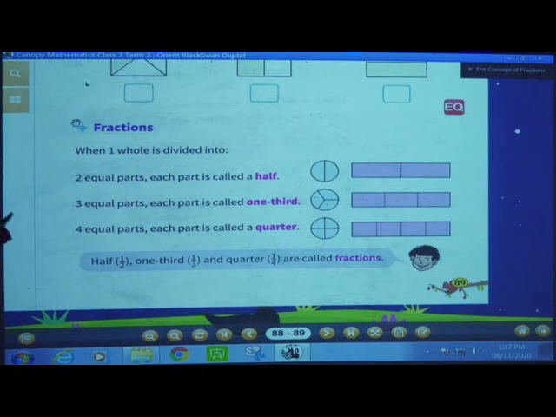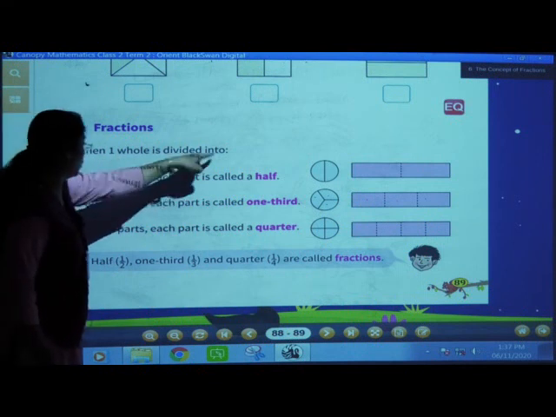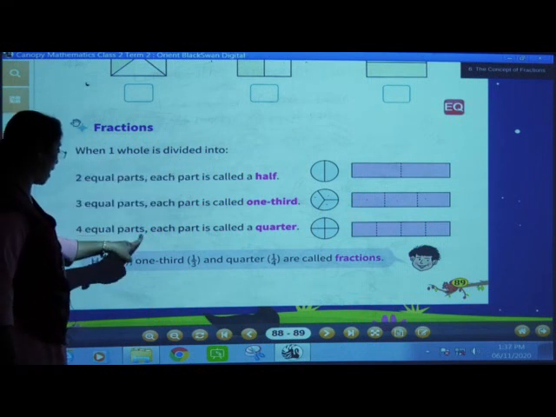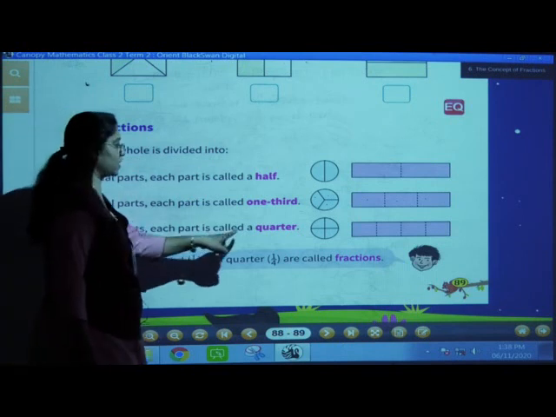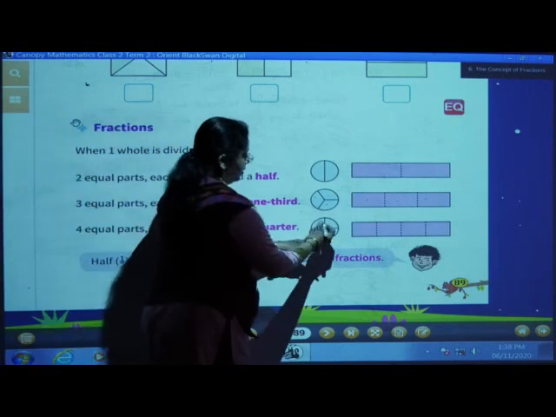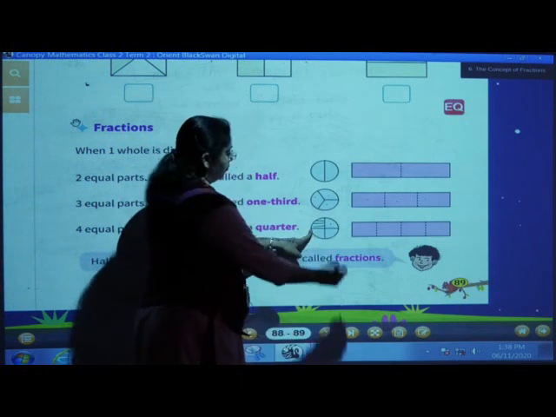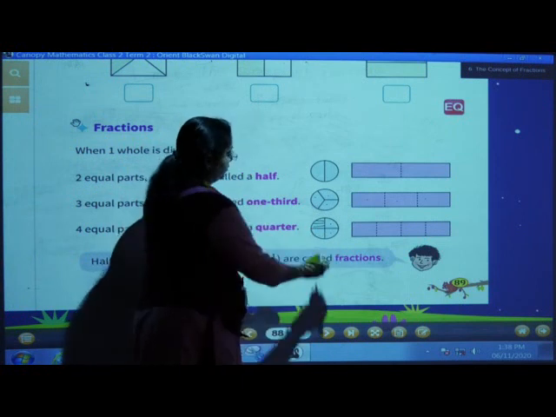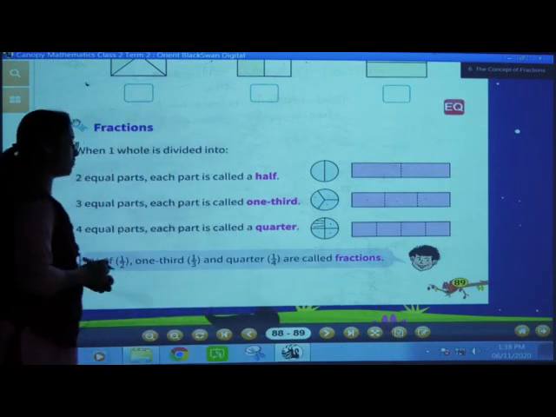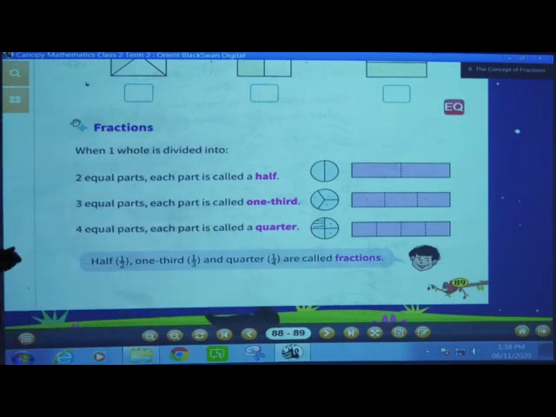And when one whole is divided into four equal parts, each part is called a quarter. This part is quarter, this also quarter, this also quarter.